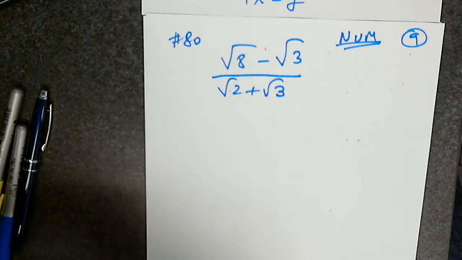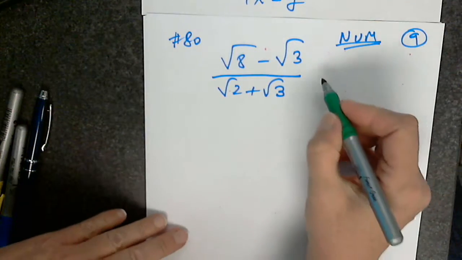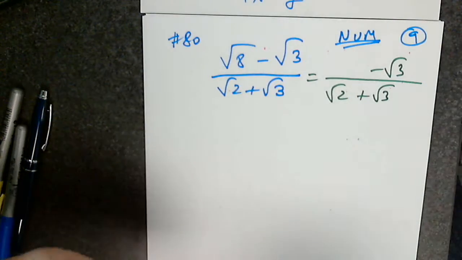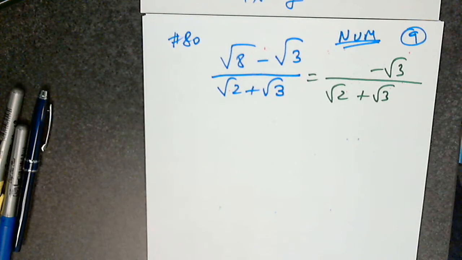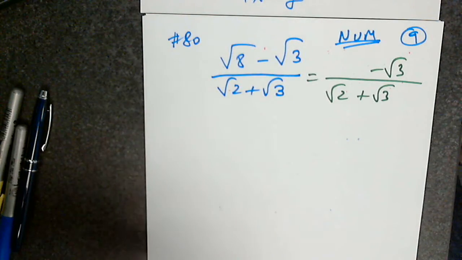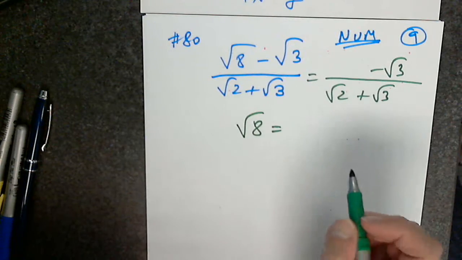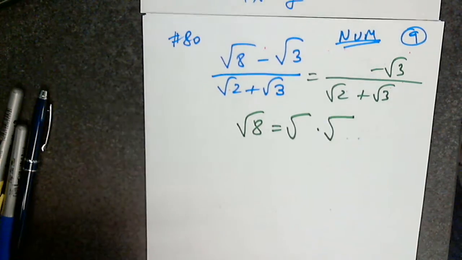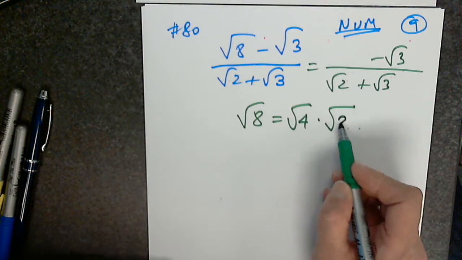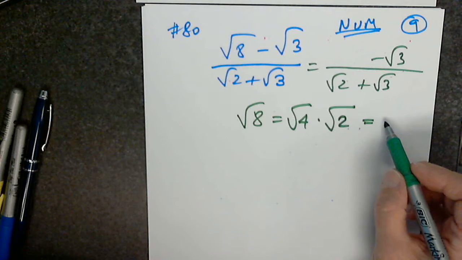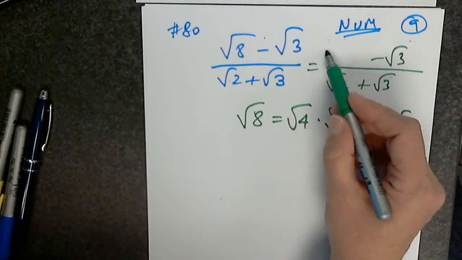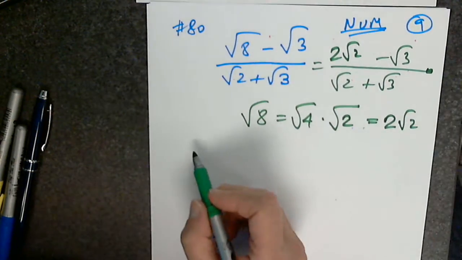When you have the simplified form of the square root of 8, I like to put it in first. How will you split the square root of 8? Into what and what? So the answer is... don't try to simplify anything.